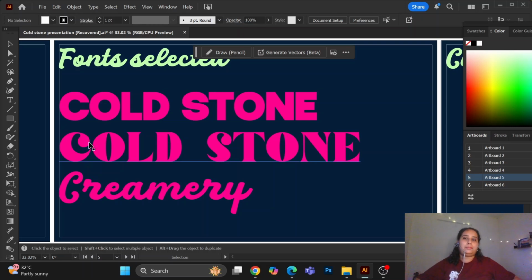That dripping effect or that scoopy effect is what I really liked about this font. So I like both of them, and somehow I want to keep both the characteristics together. How I combined both of them, I'll show you in another video. For now, when I combined both of them, the final logotype turned out like this.